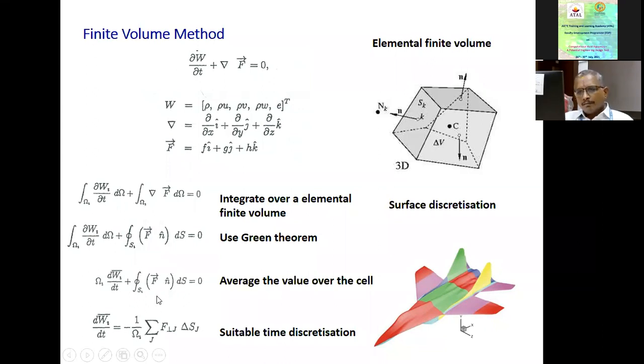Semi-discretized meaning that the flux integral over the surface, shown here, is still in a differential form. These fluxes are integrated over the cell faces, and assuming that W is a constant within the cell, we get an ODE of this form. Once this ODE is also discretized with a suitable time discretization, we get algebraic equations.